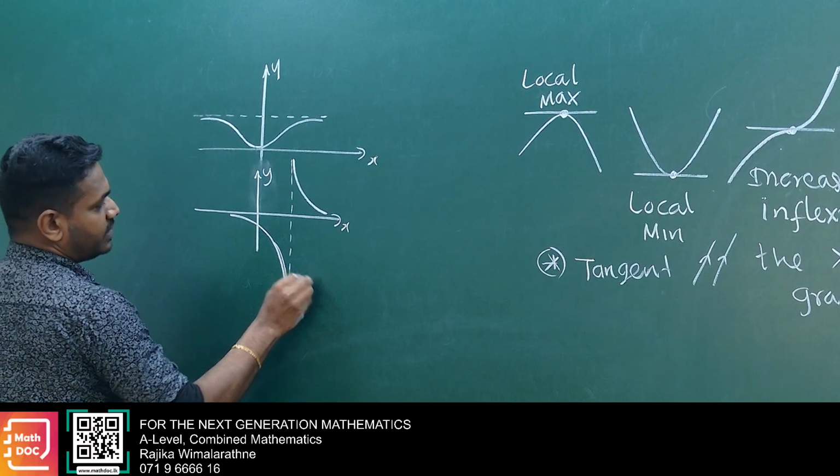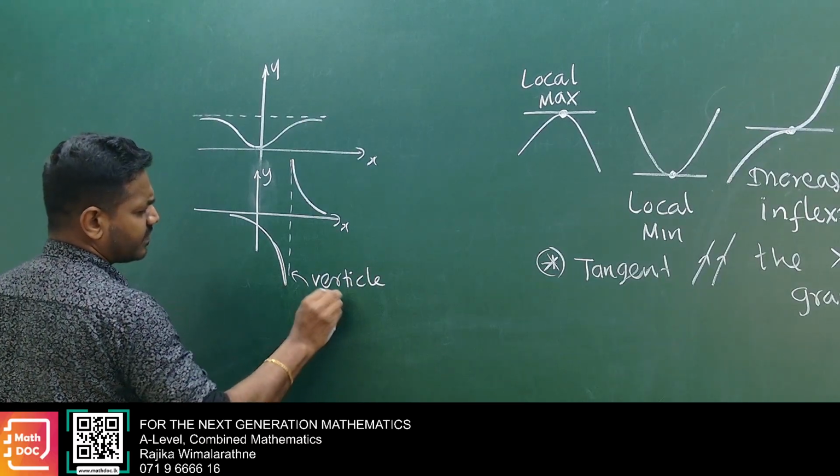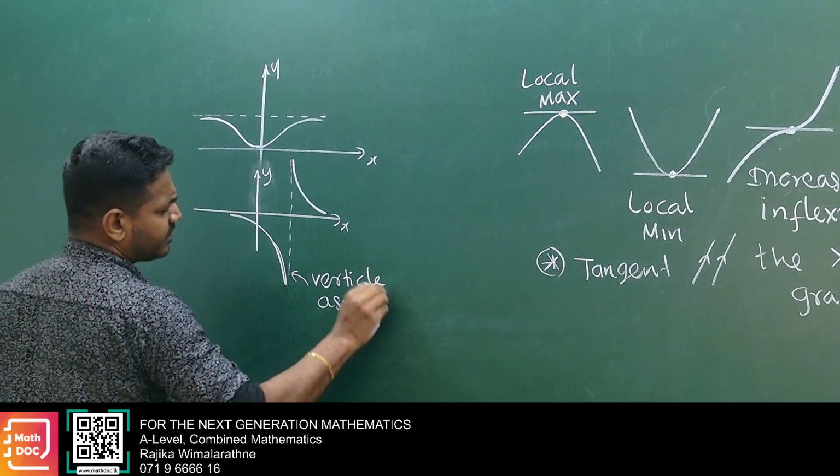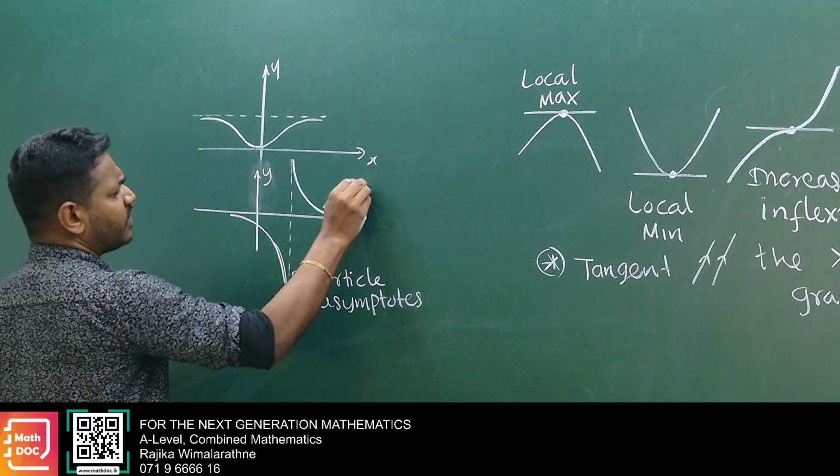Here this is what we call vertical asymptote. And here we say horizontal asymptote.